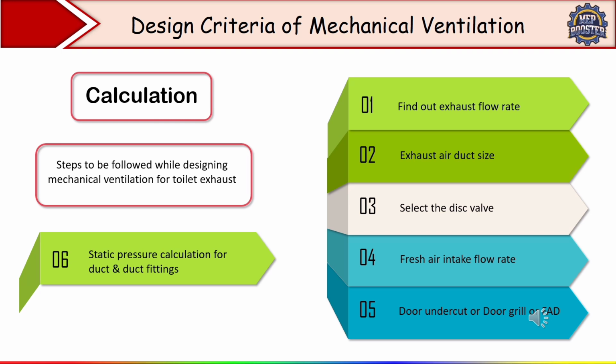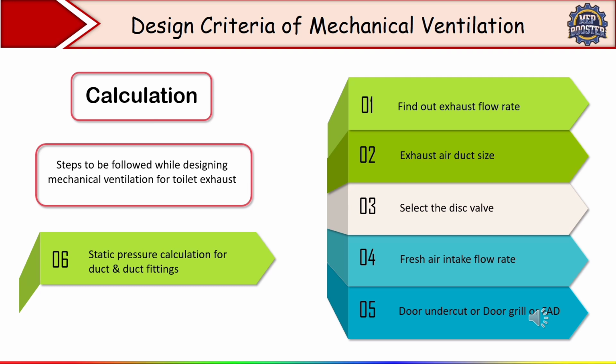Now the 6th point, it is written static pressure calculation for duct and duct fittings. Suppose you have done the duct work for extracting bad odor from the toilet, so how can you get the capacity of the inline fan which you have installed inside the duct? To find out the capacity of the fan, first of all we have to calculate the static pressure.